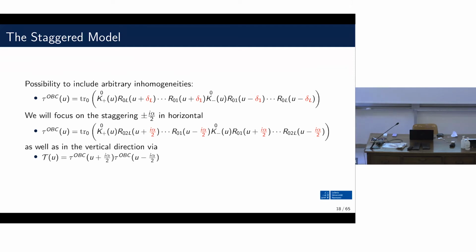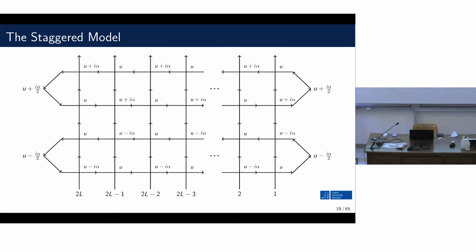When we do that and use graphical notation, we can represent it as this object. Here, the vertices are just the normal R matrix, and these arrows with the kink are basically the K matrices. And you observe the staggering in the vertical direction as well as in the horizontal direction.